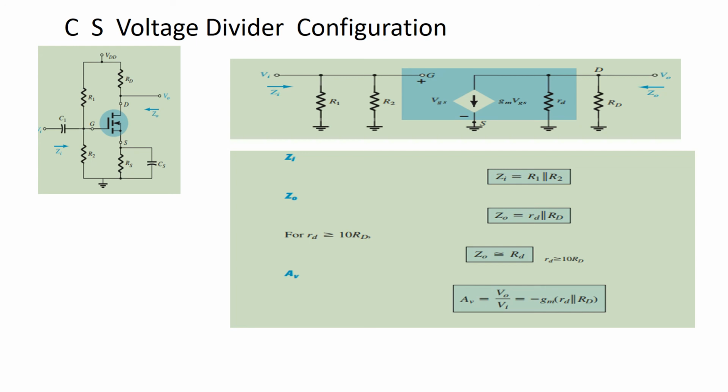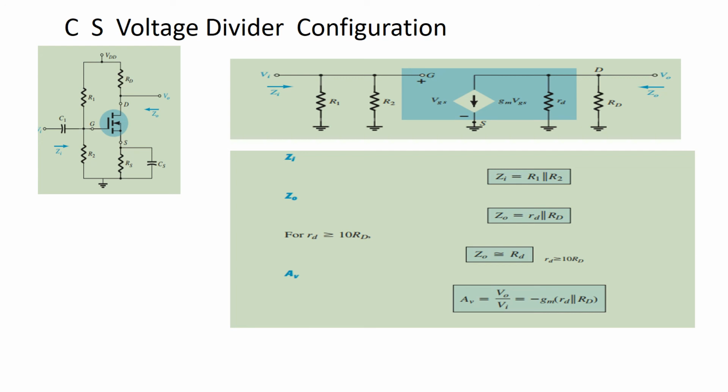Similarly, when you go back, you look into the network, open circuit this current source and see what will be the resistance that will be coming at the output terminal.